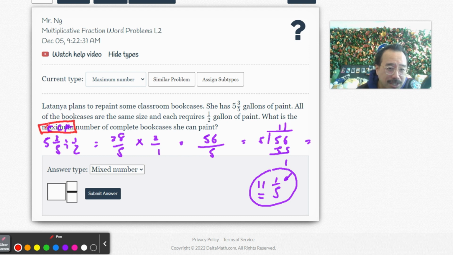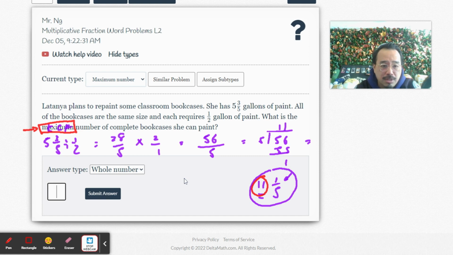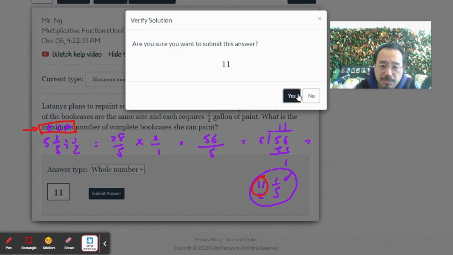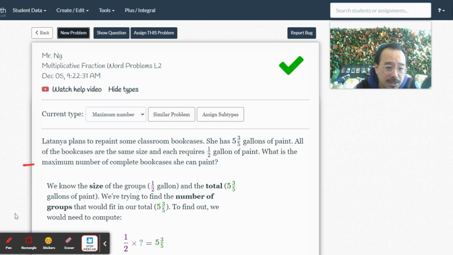I'm circling the maximum here. So the most we could do is 11, because you can't count the 1/5. You don't have enough paint for that last bookshelf. So our answer is gonna have to be a whole number, and it's gonna be right here, 11. I hope that's what they mean. Check it. Nice. Okay, and that's it.